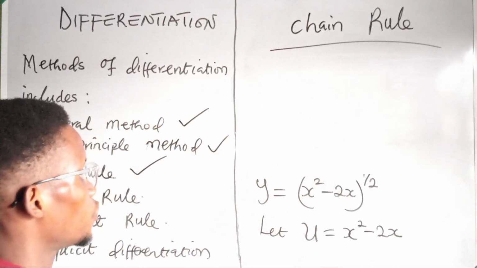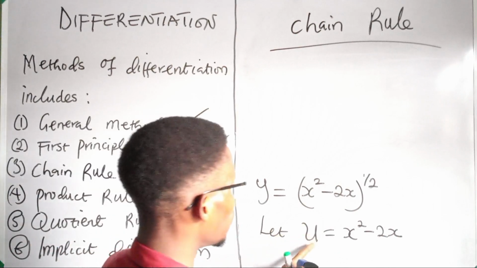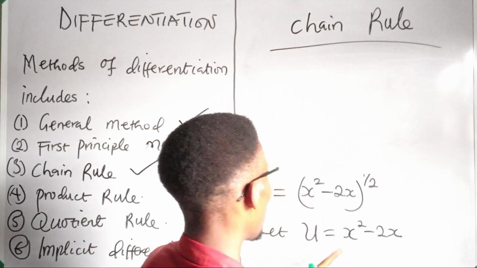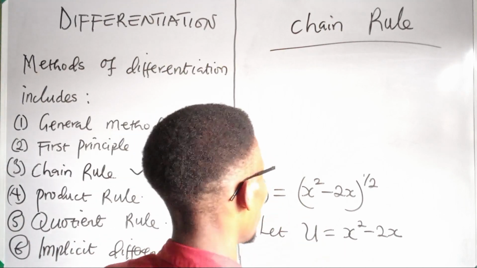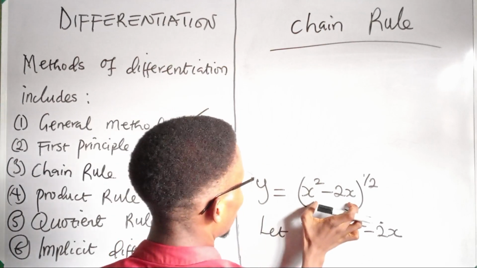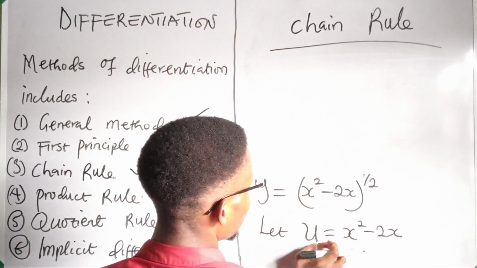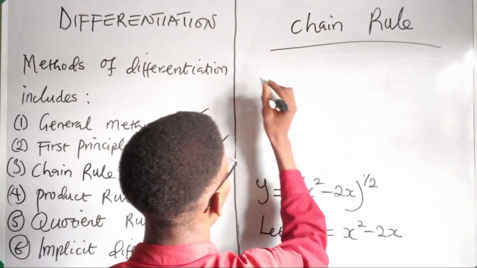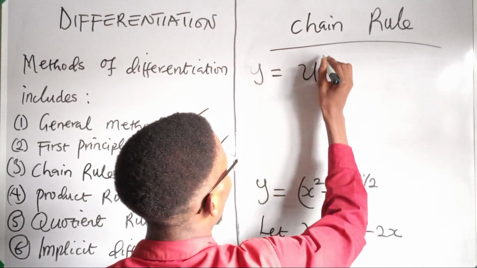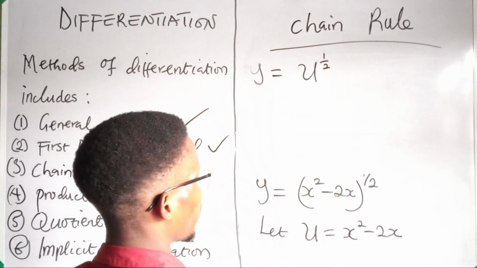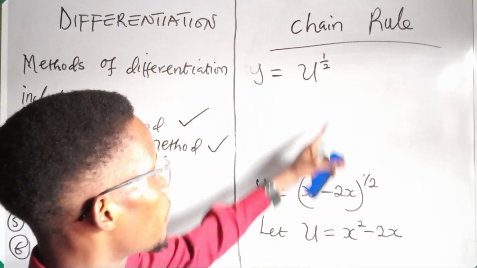Now we need to get the derivative of u with respect to s, and also the derivative of y with respect to u, because we have assumed what is inside the bracket to be u, and now it remains y equals u raised to the power half.